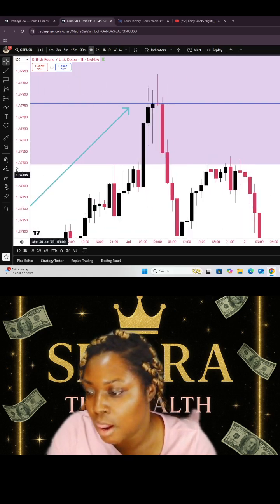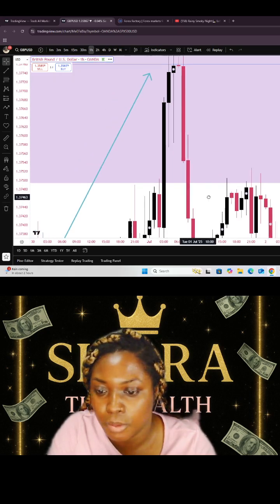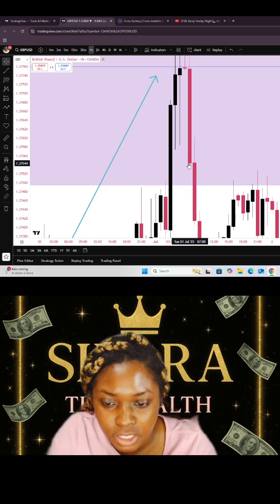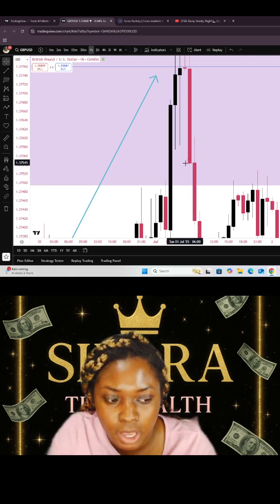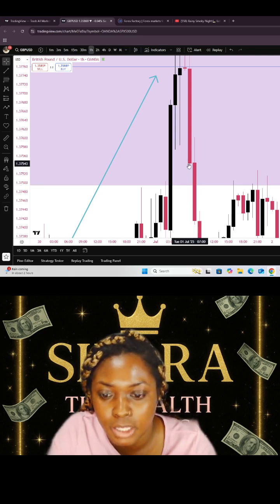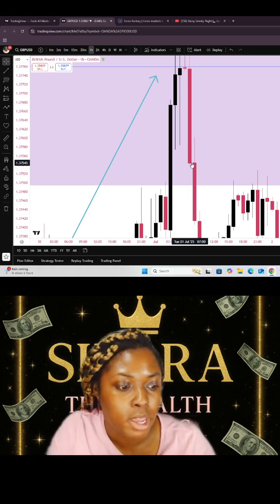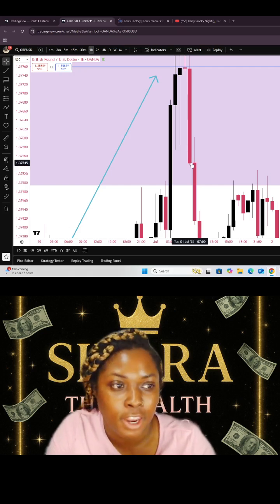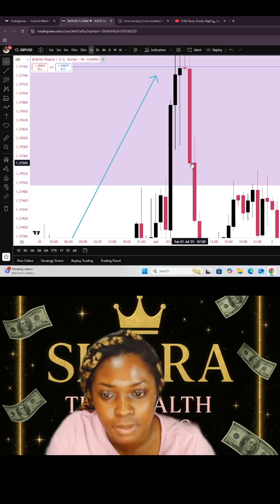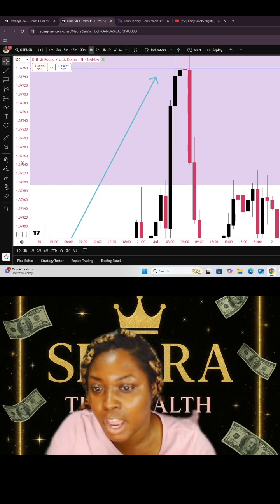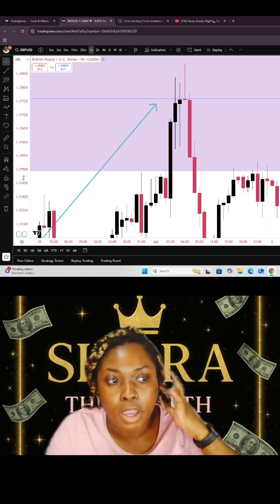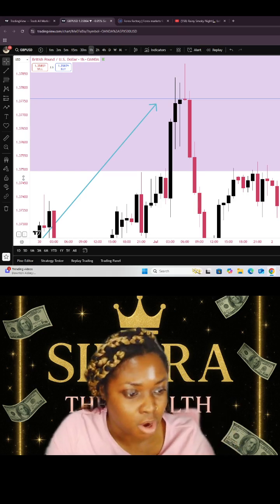Sellers took over the market because there's a tiny little wick on this candle. When you see a baby wick or no wick at all, that candle means displacement. Okay? That candle means that the market makers have entered the market.